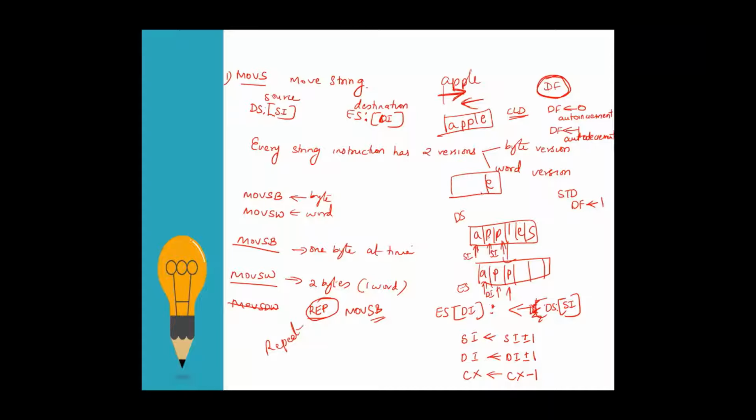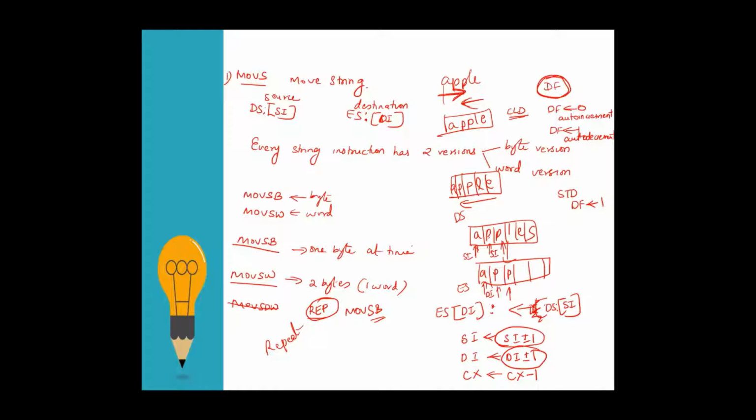First I'll be copying E, then L, then P, and then A. I'm going in the other direction, that is, auto decrement fashion. Whenever we work with string instructions, strings can be processed in auto increment or auto decrement fashion. That is why I've written SI plus or minus 1 and DI plus or minus 1. Did you understand this right now?